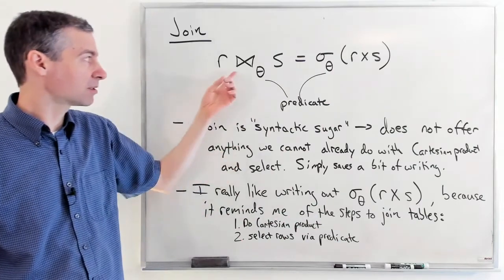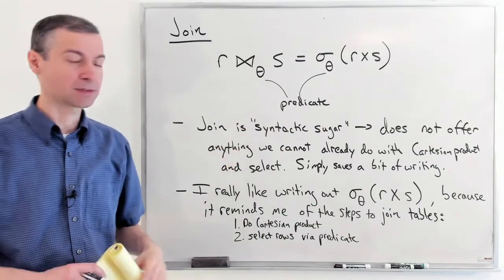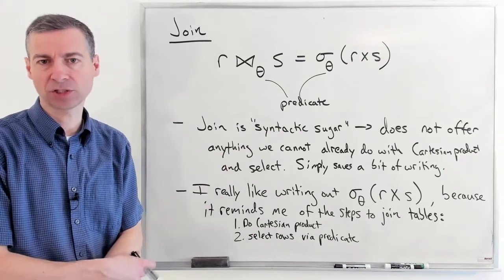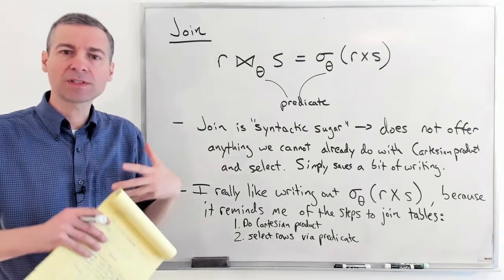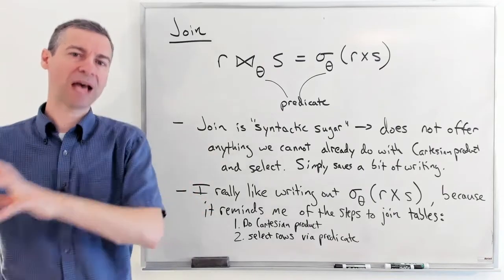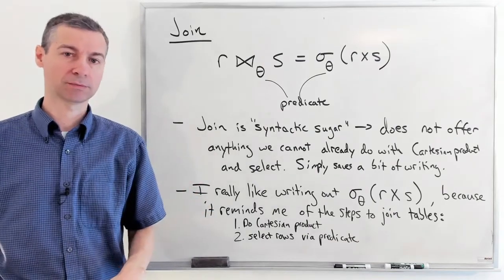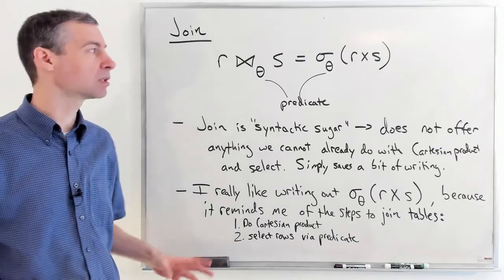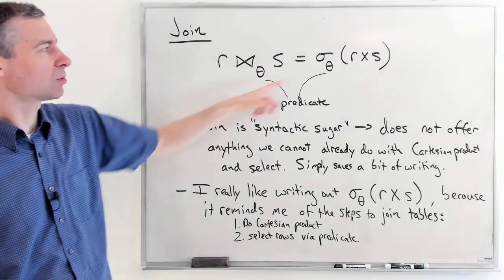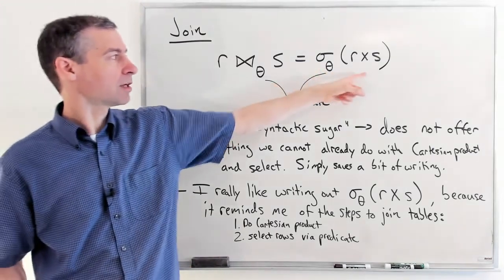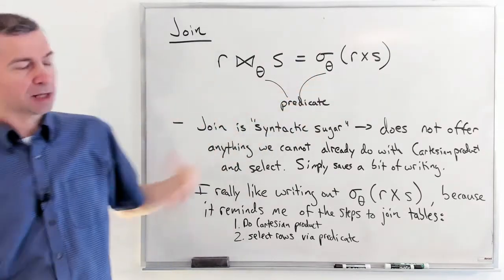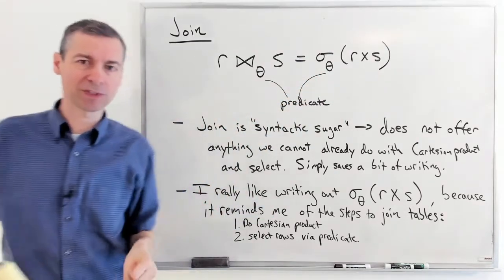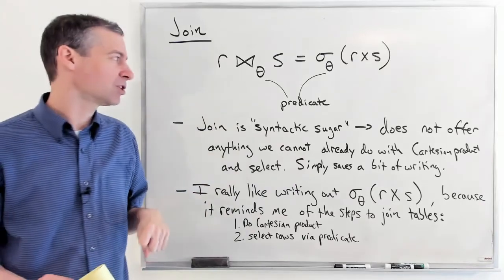So basically this bow tie operator is what we would call syntactic sugar. It doesn't give us any additional power mathematically. It is merely a means to save some writing. So rather than writing out the long form, all I have to do is show you that I'm doing this join operation.